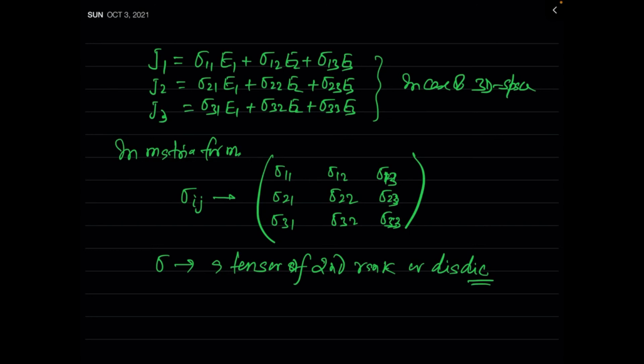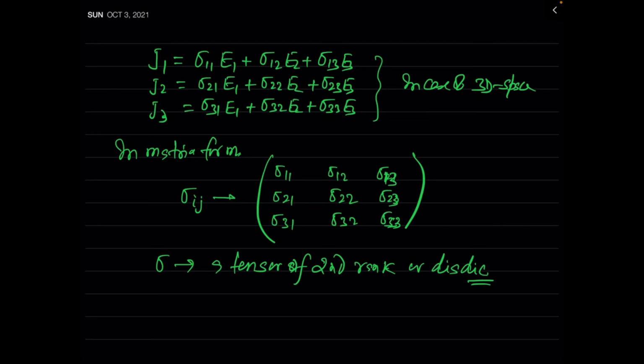In this condition, the electrical conductivity sigma is not a scalar as it was treated in case of the isotropic solid, but it has a different nature. In 3D space, it has 9 components. So we simply say that in this condition, sigma is neither a scalar nor a vector. It is a quantity known as a dyadic.